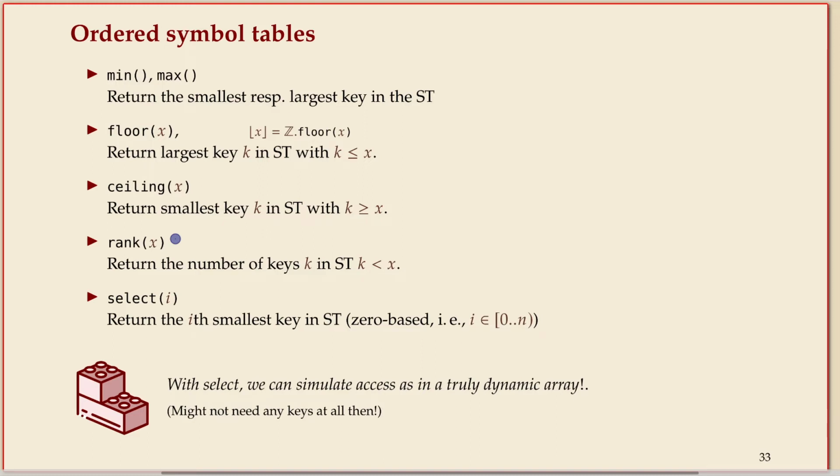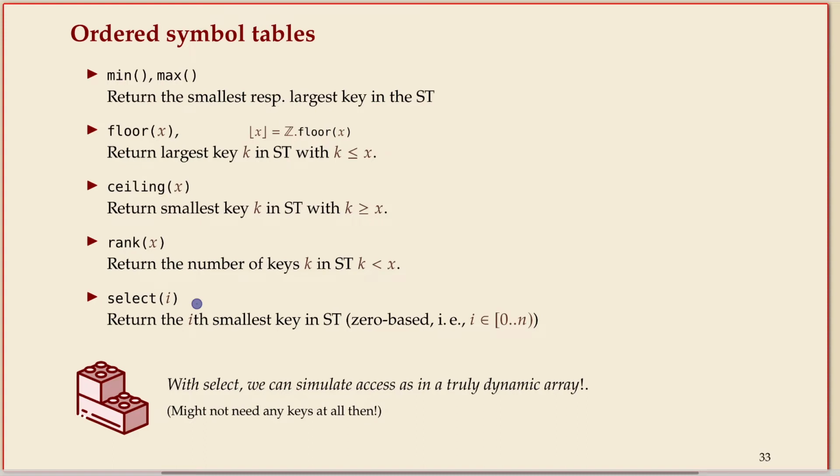And the last two operations bring us back to the claim I told you earlier, that binary search trees are really like dynamic arrays. You can ask for the rank of an element, which is how many keys in the data structure are smaller. And you can ask for the so-and-so smallest, say the 10th smallest or the 100th smallest. And these two things together are really what an array can do.